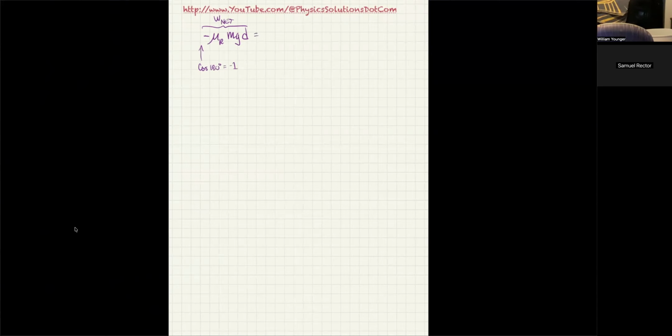And that's equal to the change in kinetic energy, which equals 1/2 m v final squared, but it came to a stop, so the final velocity is 0, minus 1/2 m v initial squared. And that's what you're actually looking for. So we end up getting negative mu sub k m g d is equal to negative 1/2 m v initial squared.